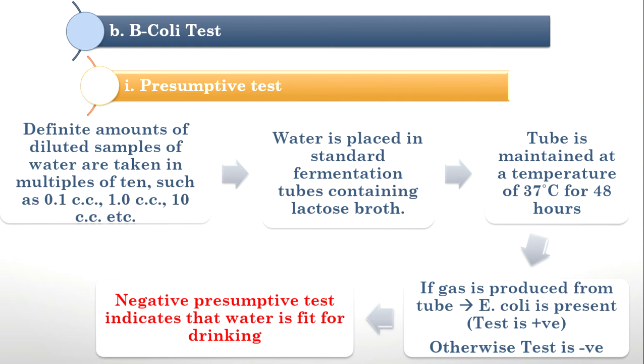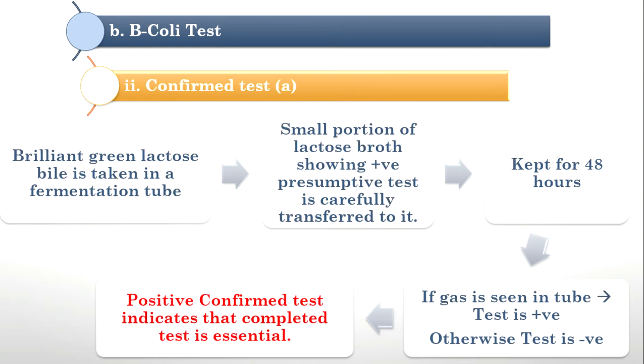We are diluting the sample, placing it in a fermentation tube containing lactose broth, and incubating it at 37 degrees Celsius for 48 hours. If gas is produced after this time, the test is positive and E. coli is present. Otherwise, the test is negative, and we can use the water for drinking. Otherwise, we have to do the confirmed test.